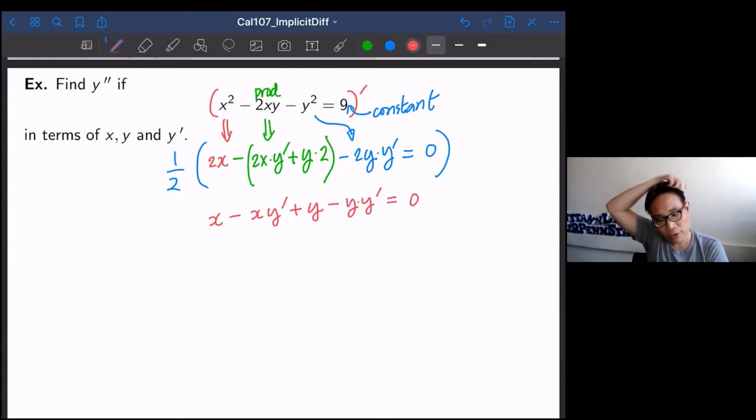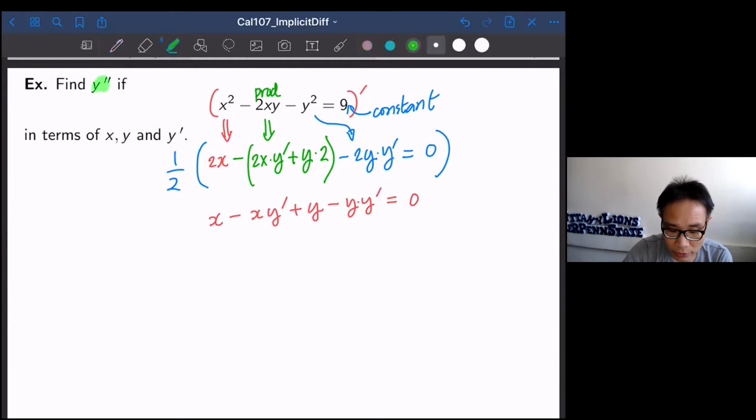This is what we have from the first derivative. Now the question asks for the second derivative, and we have a relation between x, y, and y prime.